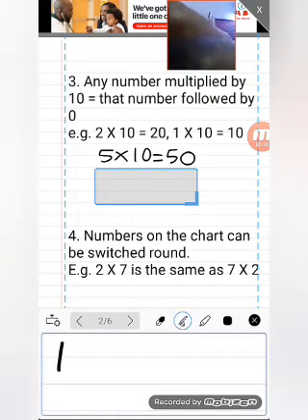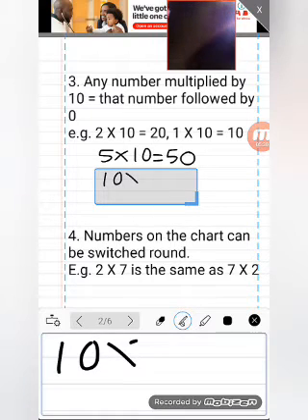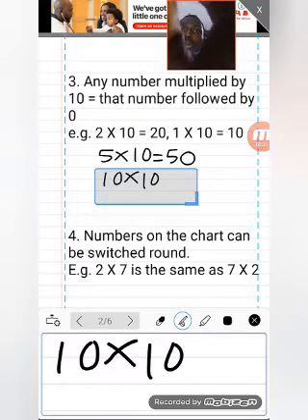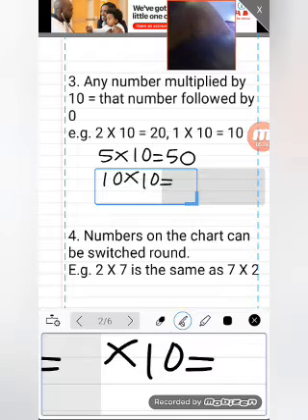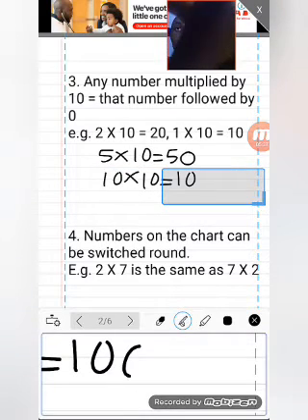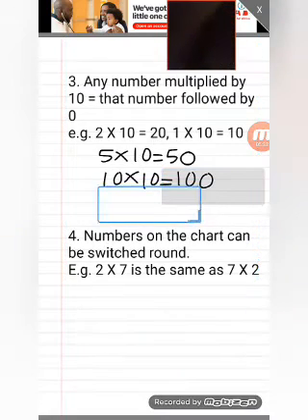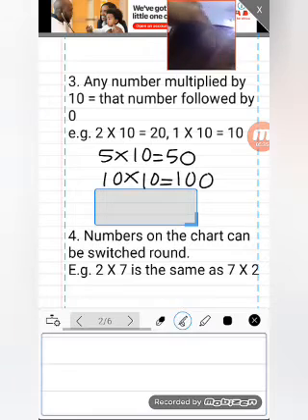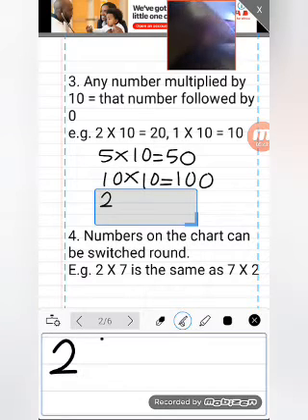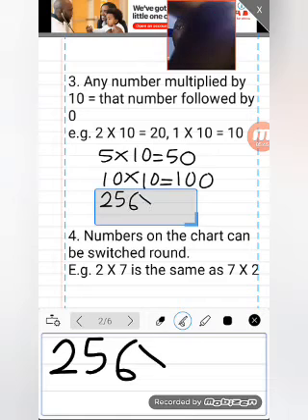Let's even say 10. 10 multiplied by 10 would give you 10 followed by 0, and that is 100. Let's even look at maybe a bigger number like let's say 256 times 10.